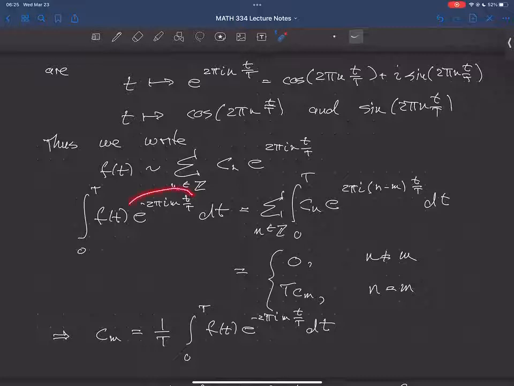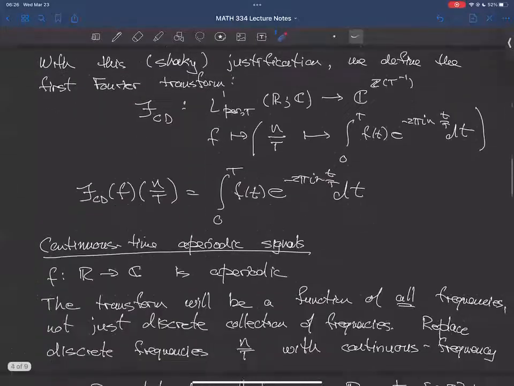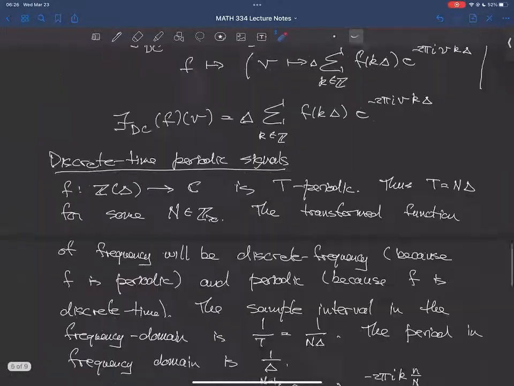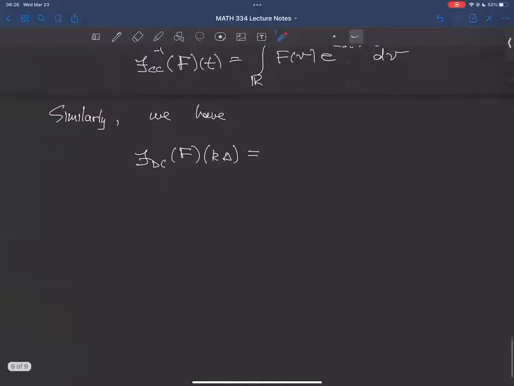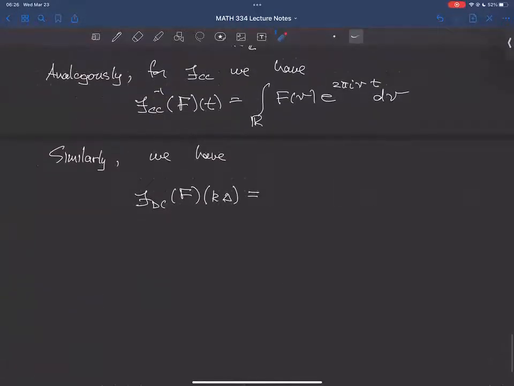But I'm going to multiply it by a harmonic here, do the integral from 0 to T, but T in this case is 1 over delta, all right? And what I get is that the inverse of the DCFT should look like this.